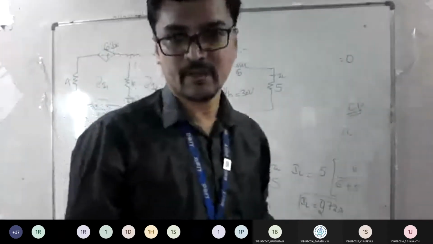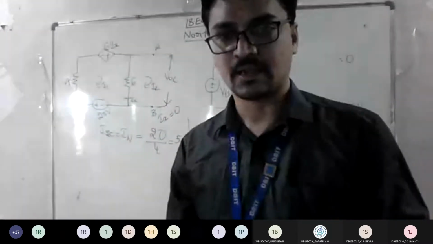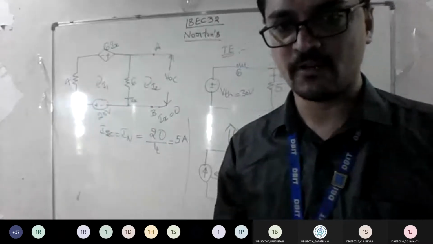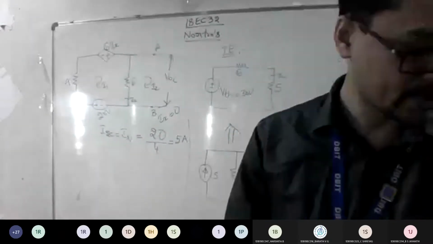Any doubts, anyone, till here? I hope everyone got the logic of finding Norton's theorem for both dependent and independent sources, and we've solved a few AC analysis problems also.